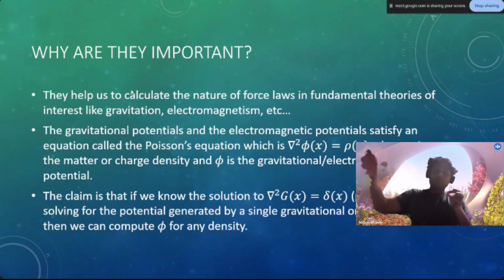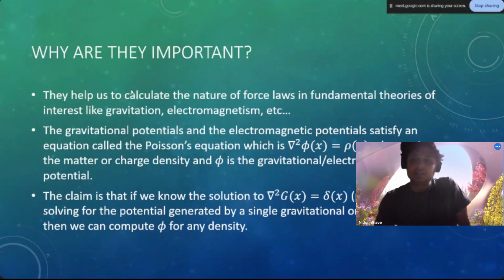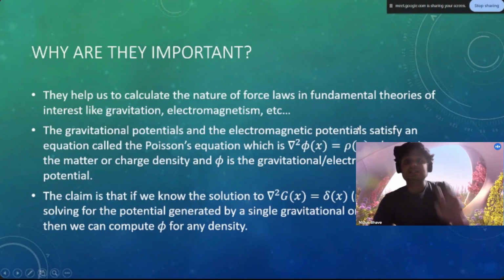It tells you how 2 points are correlated: 1 over x, 1 over x square, 1 over x cube, etc. So the inverse of this del square, because this del square phi equal to rho of x is, in the classical field theory sense, one of the four Maxwell's equations. So this is actually solving the Maxwell's equation itself, but with a delta function source in this case.